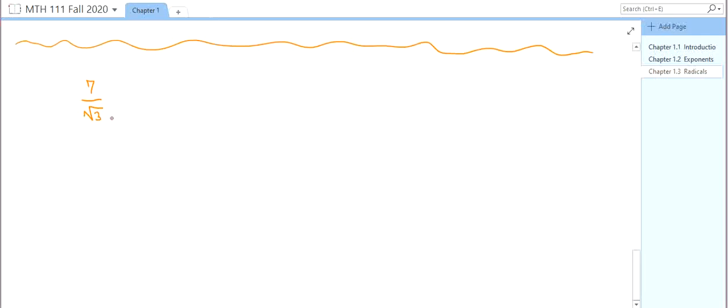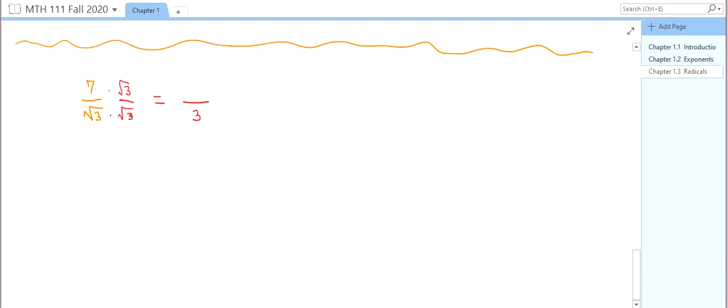So how do you get rid of something like that in the denominator? Well, if we multiply it by itself again, then in the denominator, square root of 3 times square root of 3 is just going to be 3, right? But if I multiply the denominator by that, I'm going to change my equation. So I have to keep the equation the same. I have to also multiply the numerator.